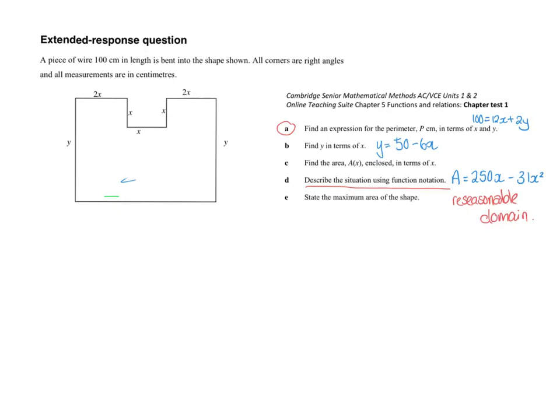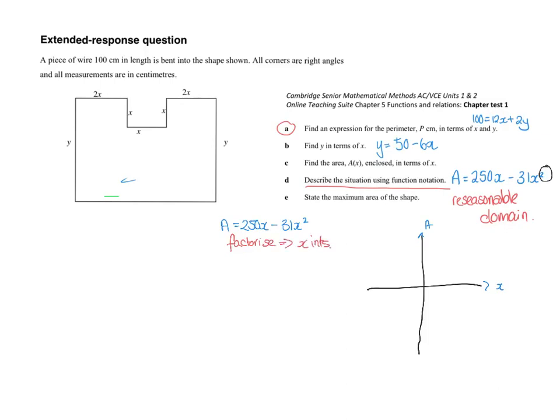It's a quadratic because a squared term is the highest. So we've got this quadratic here, 250x minus 31x squared. This would be area along here, and this is x. When we sketch a quadratic, we have to factorize to get the x-intercepts.